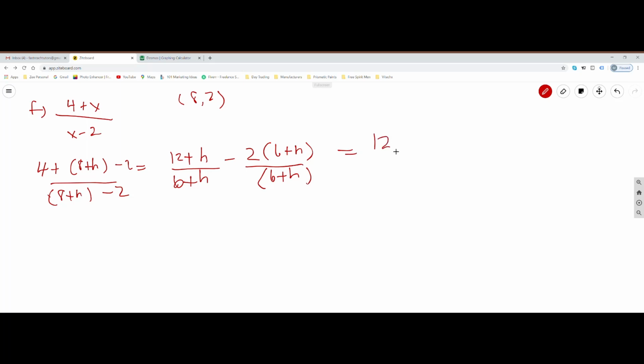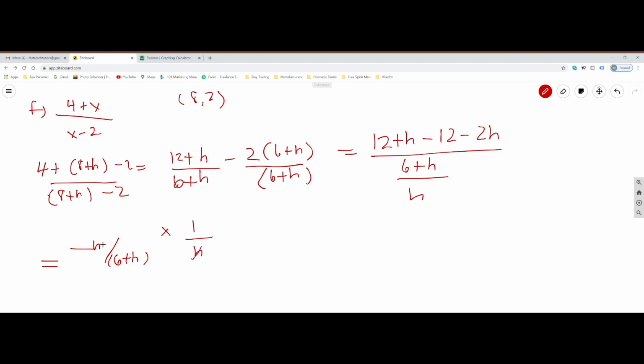Equals 12 plus h minus 12 minus 2h over 6 plus h over h equals minus h over 6 plus h times 1 over h equals negative 1 over 6 plus h. So it's negative 1 over 6.